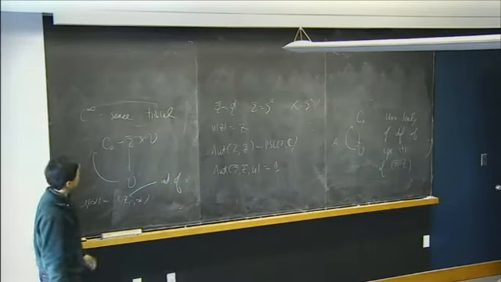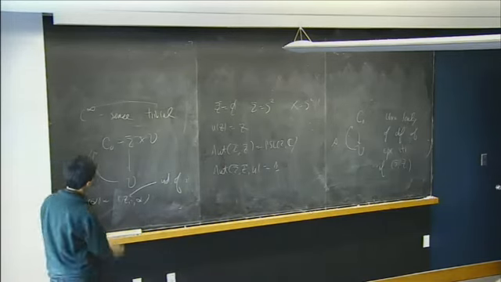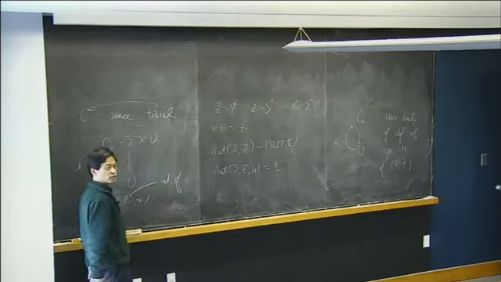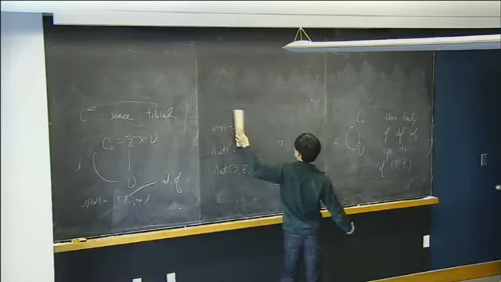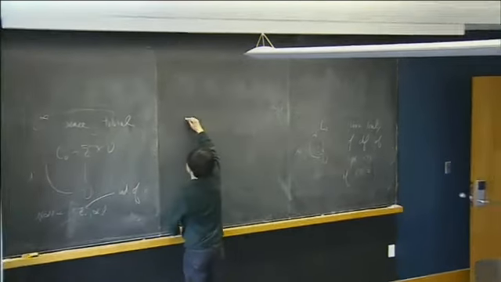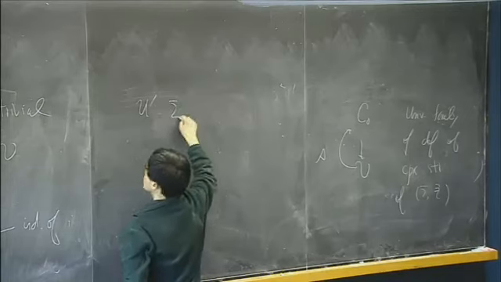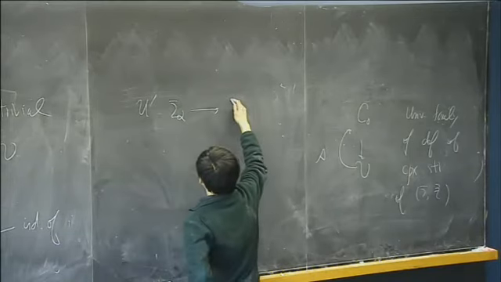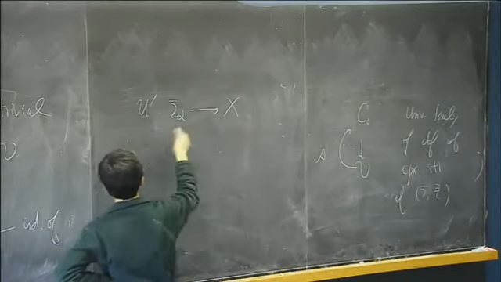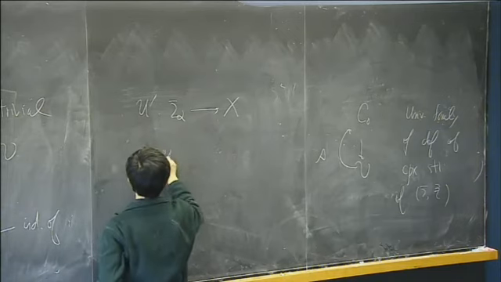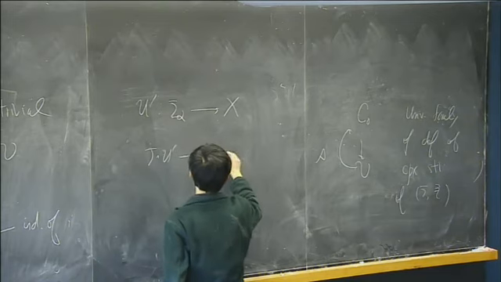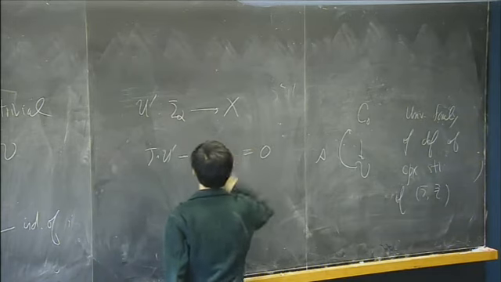What good is it? As I mentioned before, if you do this, then the problem about the diffeomorphism group is just gone. Because you have this family, and your equation is something like this, right? You have this u prime from sigma_alpha to X, and your equation is J du prime minus du prime j_alpha is 0.